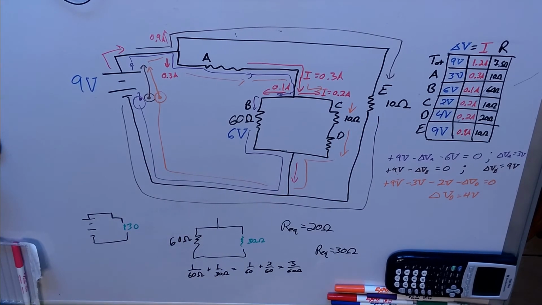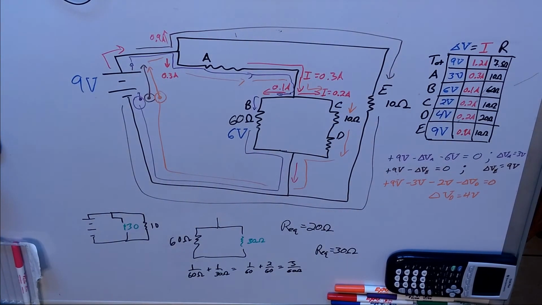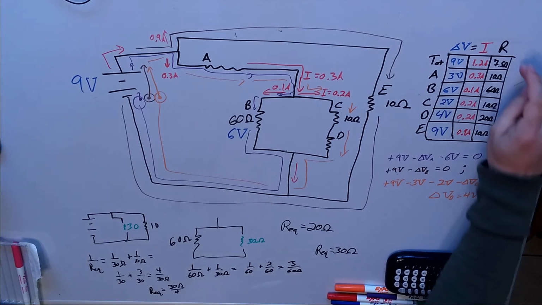And then we had the other branch over here in parallel, which is 10 ohms, which means 1 over our total equivalent resistance is equal to 1 over 30 ohms plus 1 over 10 ohms. 30 ohms is going to be a common denominator, so this could also be written as 1 over 30 plus 3 over 30, which is equal to 4 over 30 ohms. Our equivalent resistance would be equal to 30 ohms divided by 4. And just double checking, but 30 divided by 4 is in fact 7.5 ohms.